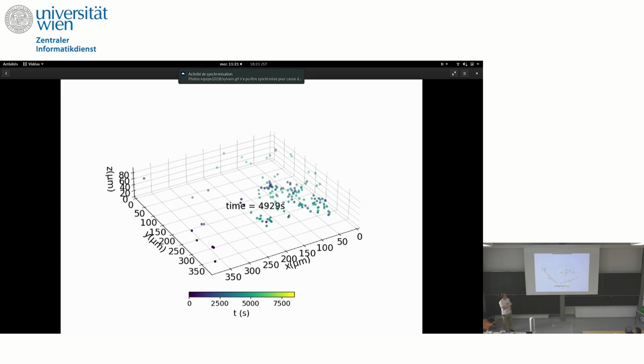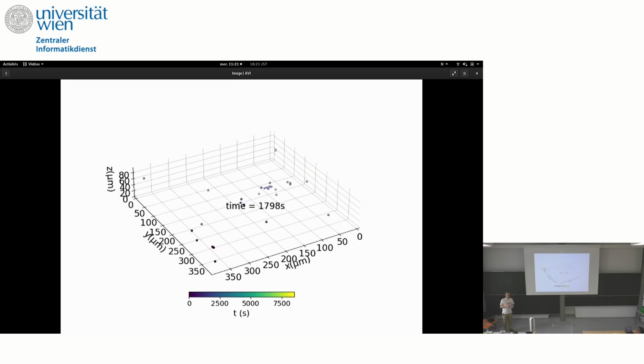So you might see, here already we're a bit late, let's say, in the movie, and you see that all the stress is more or less in the same region. All those events are occurring in the same region. But when the movie loops, you'll see that there were first a lot of those events everywhere, but at some point this damage gets localized there, and if you look at the pictures, you'll see that's exactly where the fracture is actually growing.